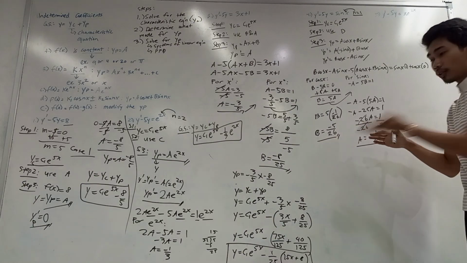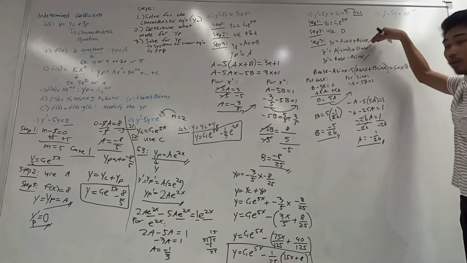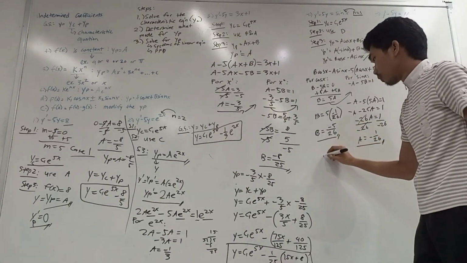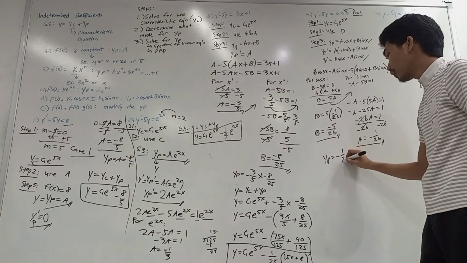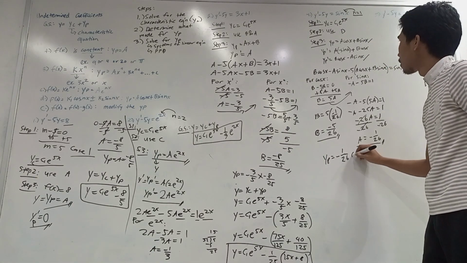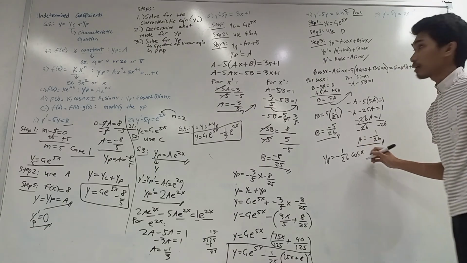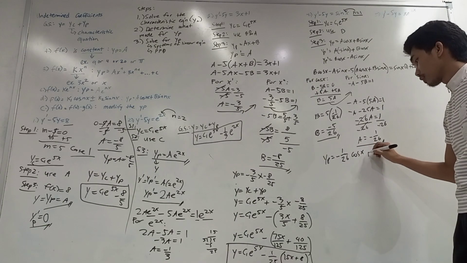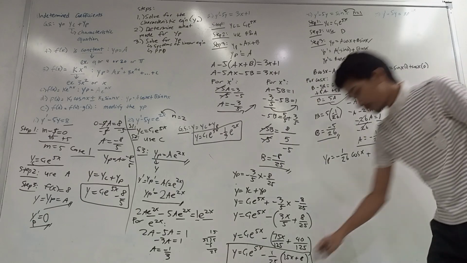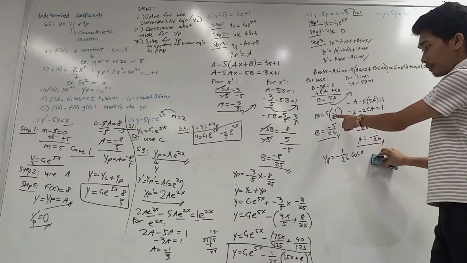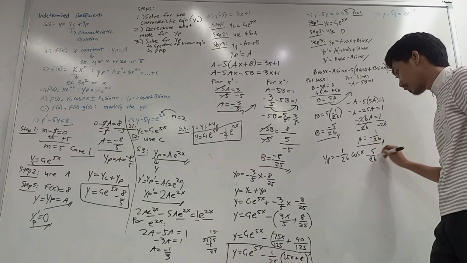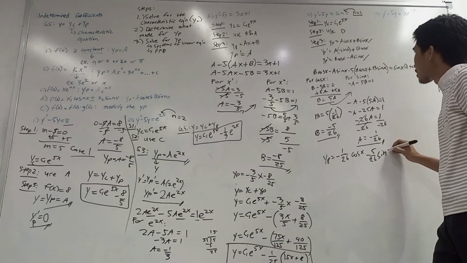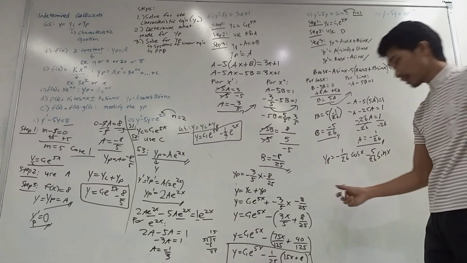So, substitute natin sila balik sa ating yp. Yp equals to negative 1 over 26 cos x plus, pero negative man si b, so negative 5 over 26 sin x.